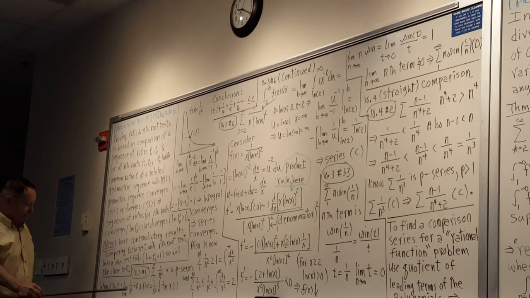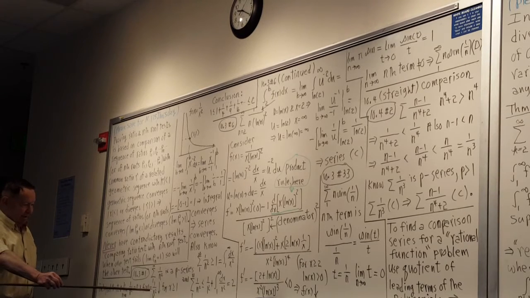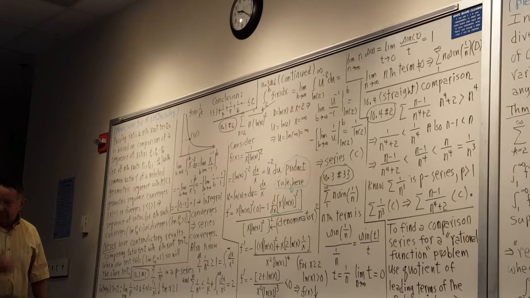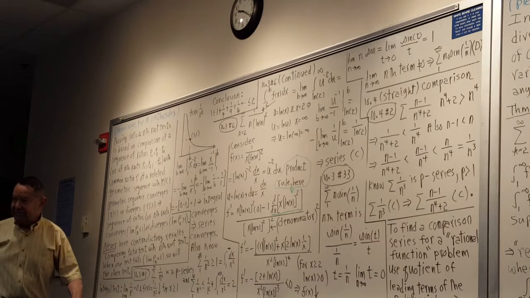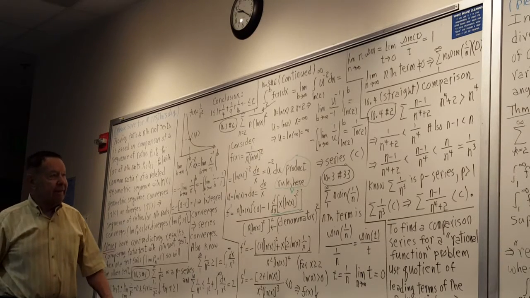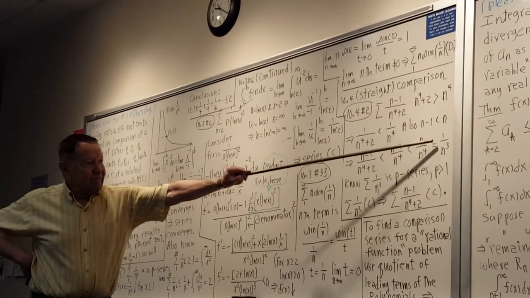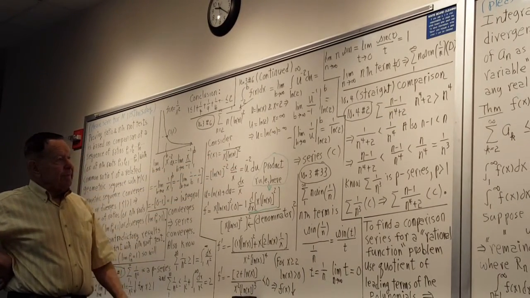And if you had 1 over n cubed, you could do the same kind of thing. You could use the integral test to prove it's convergent, or you could simply say, I know it's a p-series, p equals 3, and so on. So the game here is comparing this with 1 over n cubed.